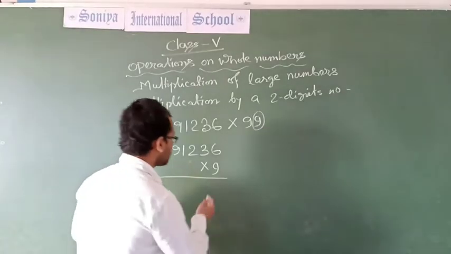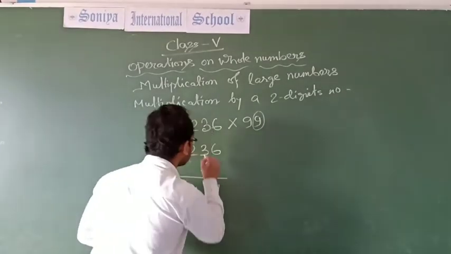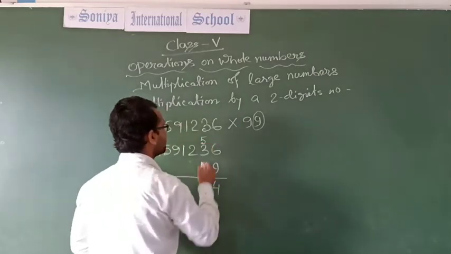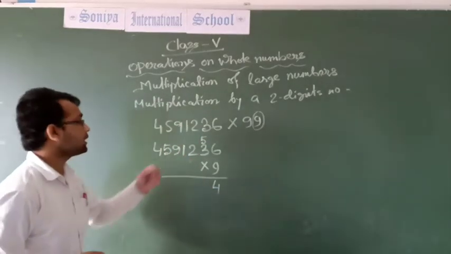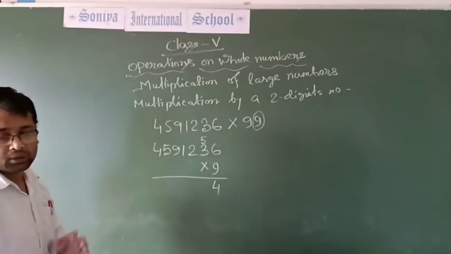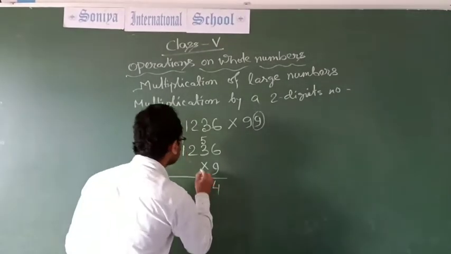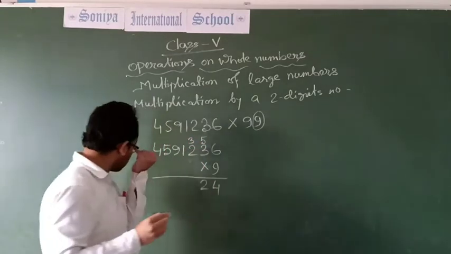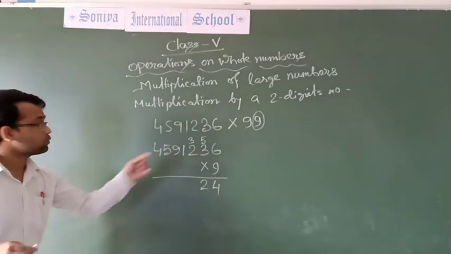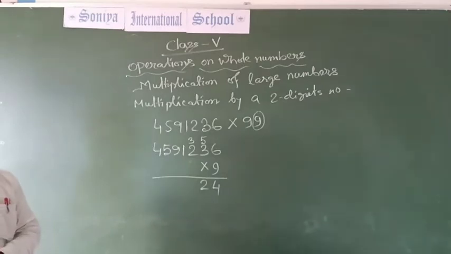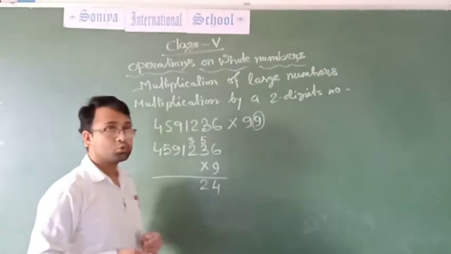9 times 6 is 54. You write 4 and carry forward 5. 9 times 3 is 27, and 5 is 32. Write 2 and carry forward 3. 9 times 2 is 18, and 3 is 21.